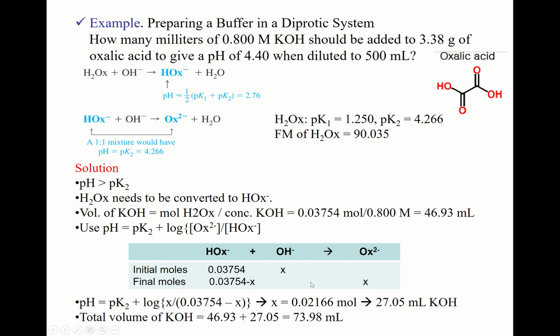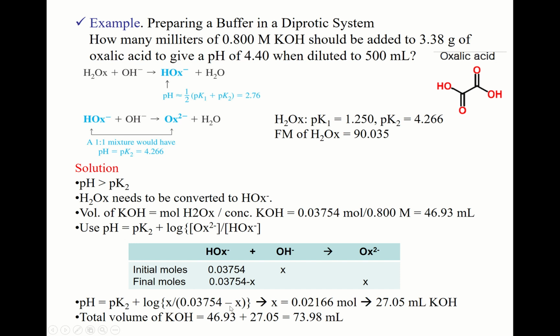Here we use the Henderson-Hasselbalch equation. The pH is 4.4, so 4.4 equals pKa plus log of x over 0.03754 minus x.